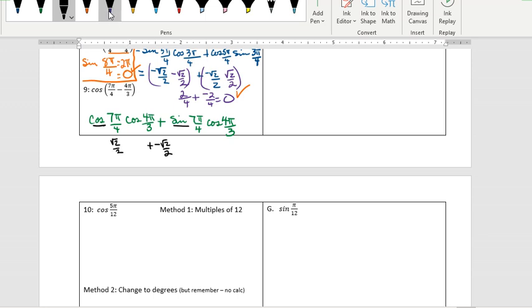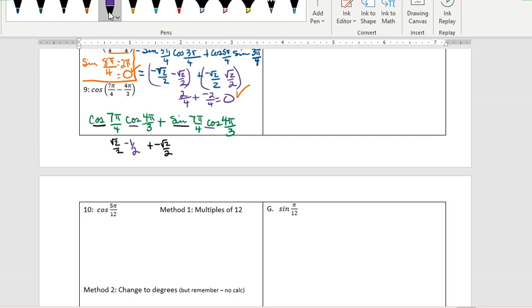That's these two. And then I'm going to go back and I'm going to find the 4 pi over 3, which puts me in the third quadrant, and it's over 3. So the over 3 is the same thing as my 60 degrees. So this puts me at negative 1/2.